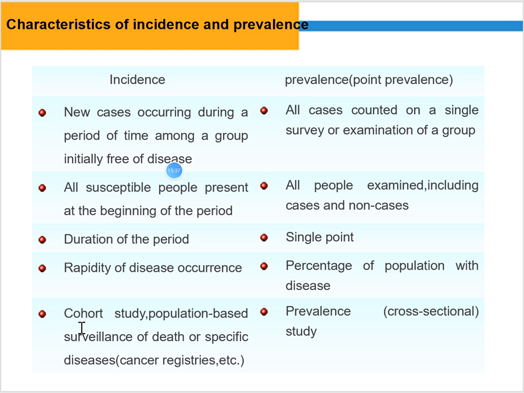Incidence comes from cohort studies and population-based surveillance of deaths or specific diseases, such as cancer registries. Prevalence rate comes from a prevalence study or cross-sectional study.